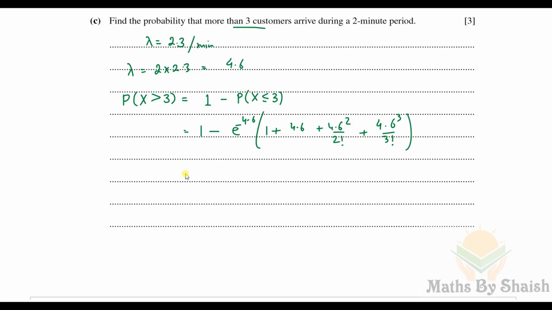So now we will calculate this. 1 minus 0.3257 and so on. So we will subtract it from 1, and this value is 0.674 to 3 significant figures. So I hope it's clear. Let's discuss the next question.